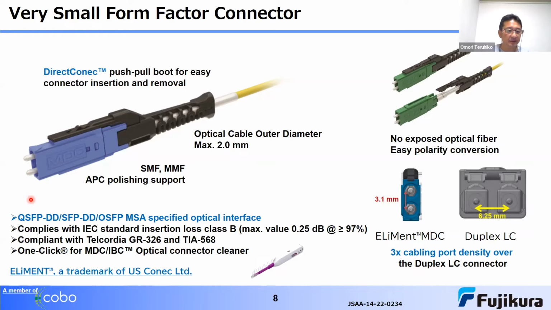And this connector is specified as one of optical interface by QSFP-DD, SFP-DD, and OSFP MSA, and complied with IEC standard insertion loss grade B performance, maximum insertion loss 0.25 decibel at 97% fiber. And also compliant with Telcordia GR-326 and TIA 568.